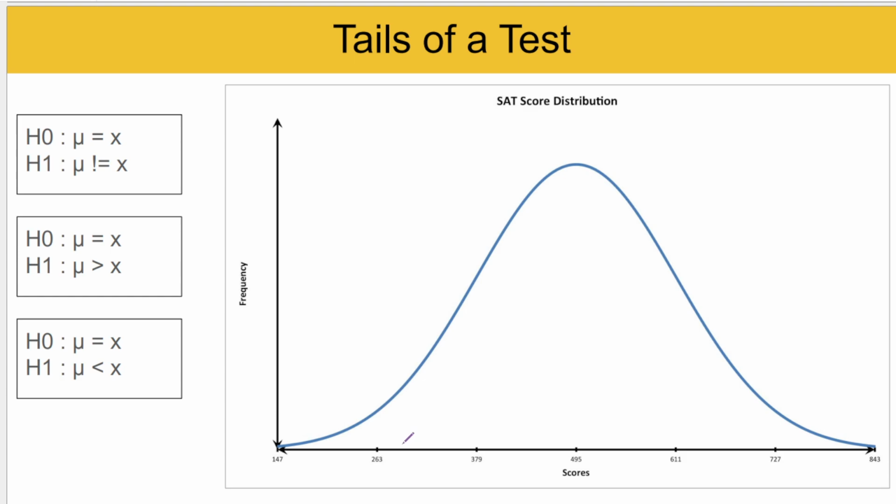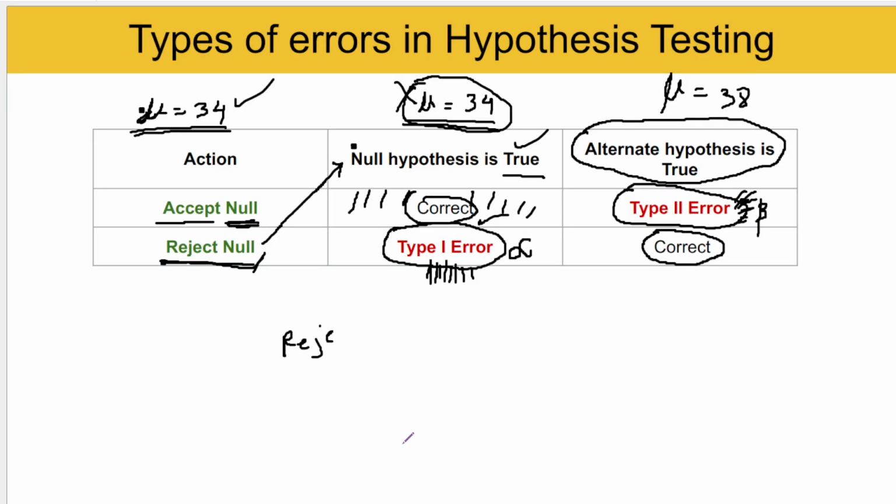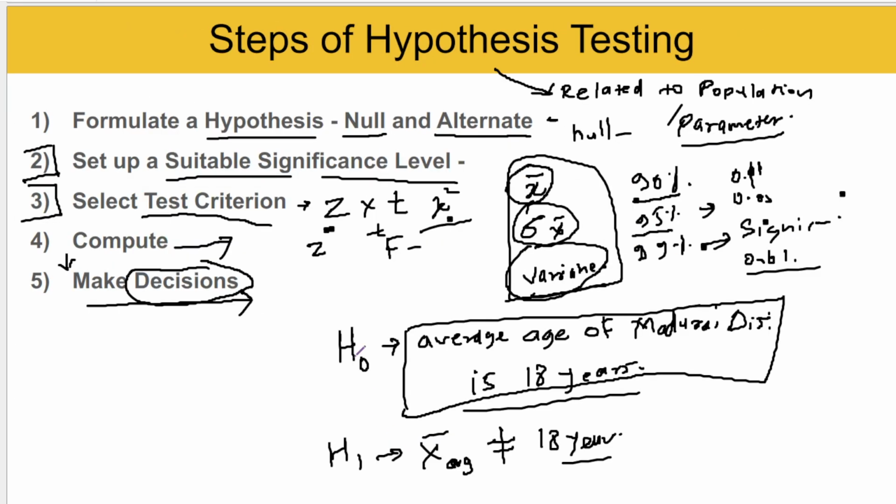Okay. So for that, we will go to our earlier slide. The hypothesis is going to relate to the population parameter, which is mean, standard deviation, variance. What we have seen from the central limit theorem is that the sample mean follows the normal distribution.